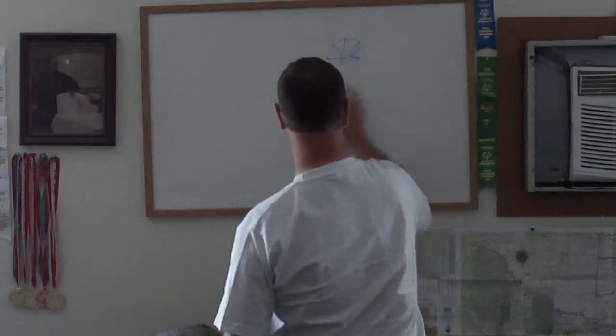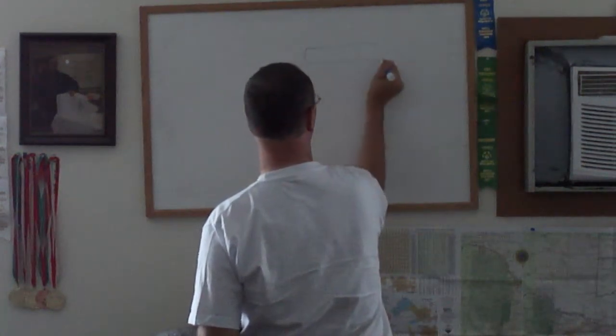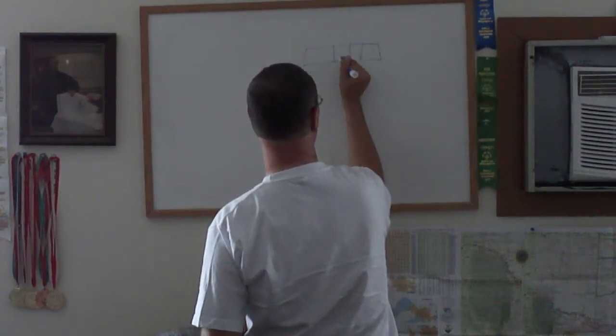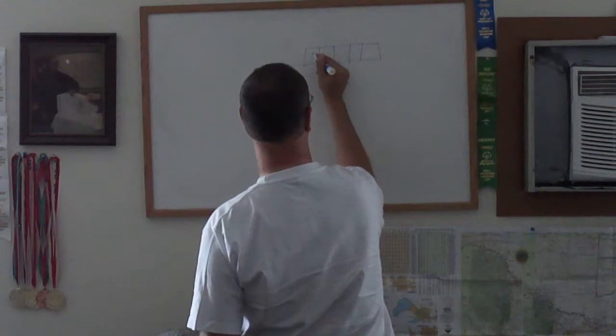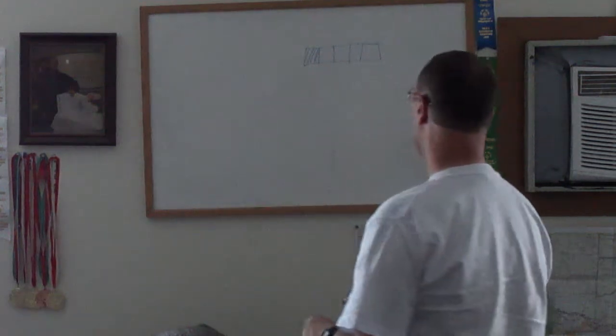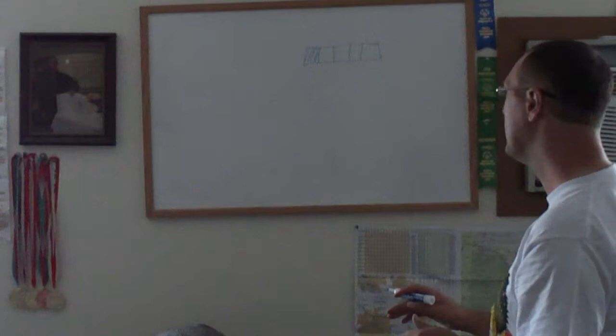Alright, one more example right there. Now, let's say I have a bar. 1, 2, 3, 4. And I would say 1. For 5, there are 5 squares. And I say 1.